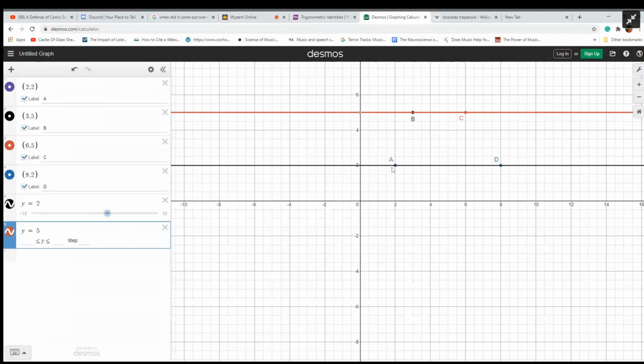You can work that out for yourself. But you can figure that out intuitively because this is only 1 over and 3 up, whereas this is 2 over and 3 up. So it's fairly clear that these lines are just not going to be the same length. So by definition, this cannot be an isosceles trapezoid.